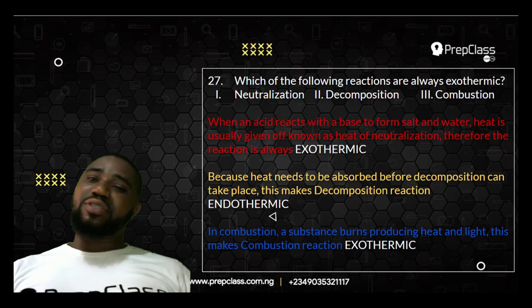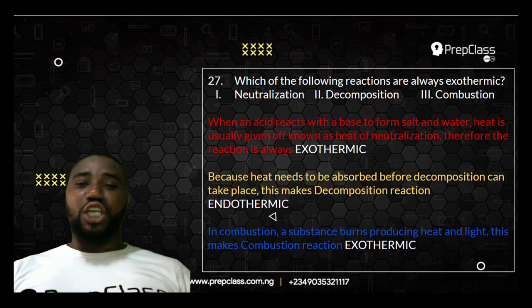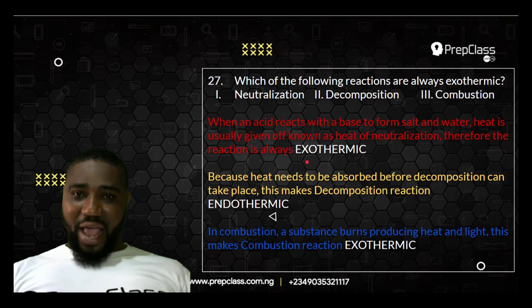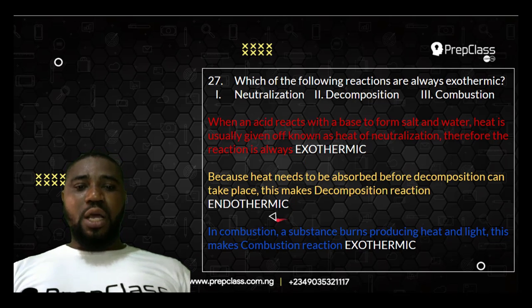Just empty the NaOH, the dilute base, into the test tube containing dilute acid. Touch the bottom of the test tube as the reaction is taking place, and you feel it is hot. So because heat is given off, neutralization reaction is an exothermic reaction. Now, for the second one, decomposition.